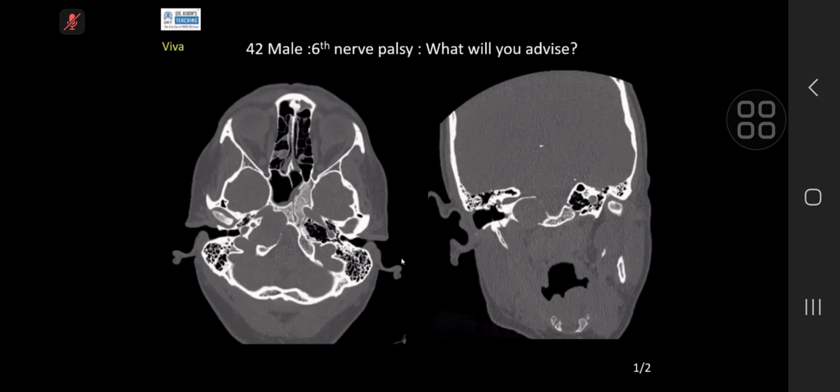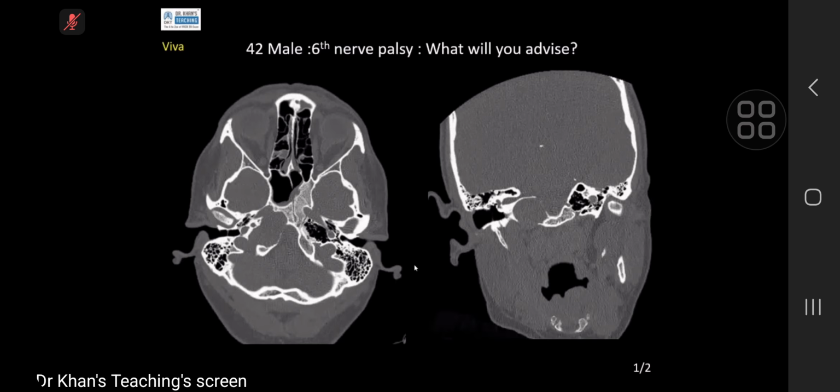So we've got a 42-year-old male with a history of 6th cranial nerve palsy. I'm just going to take a moment to interrogate the selected axial and coronal images on CT.